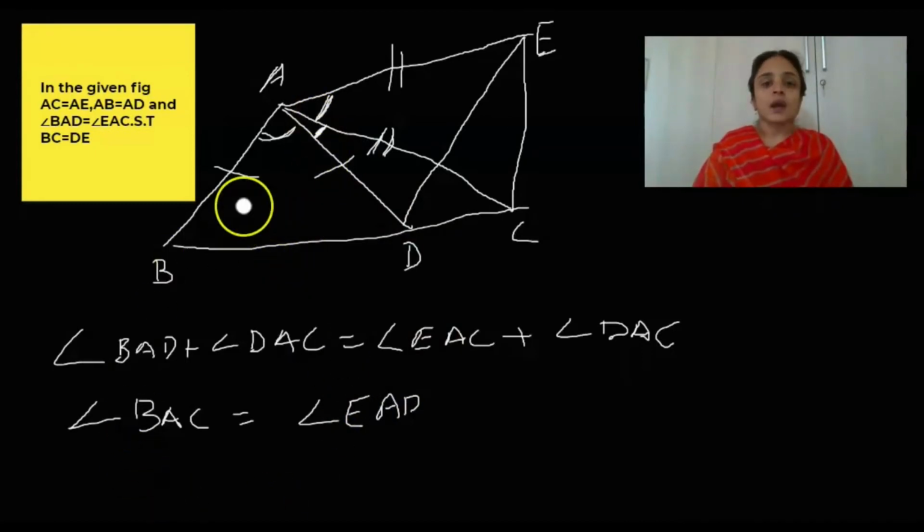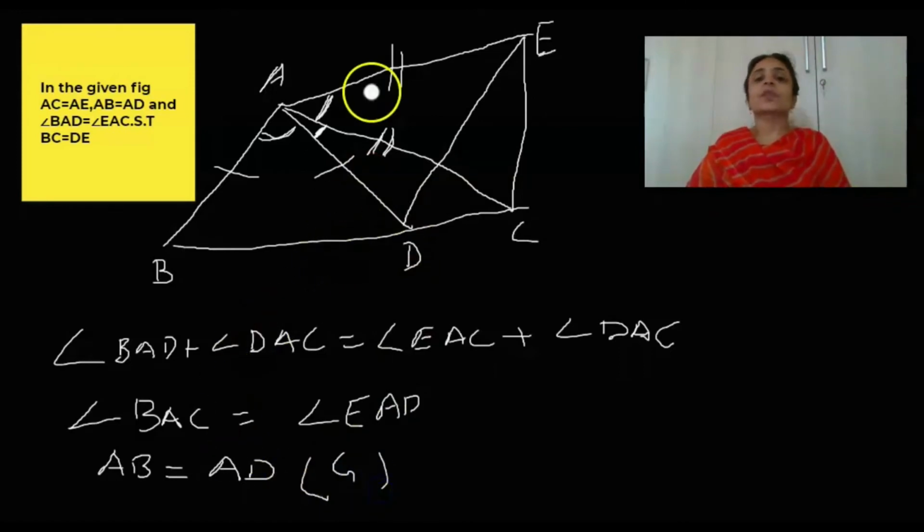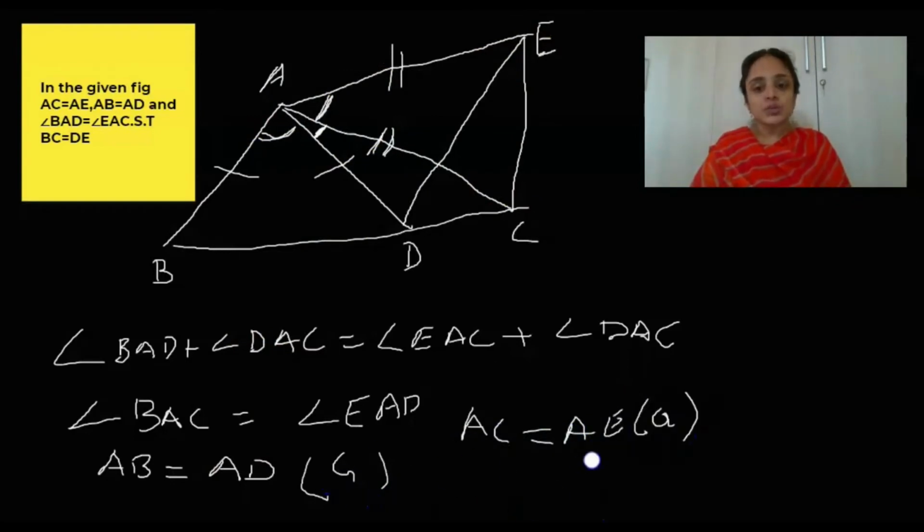Okay. Now we are given that AB is equal to AD. Okay, so we can write given here. And now AC is equal to AE. That is also given. So we got two sides which are equal and one angle in between the sides which are equal. Hence, we can say that these two triangles are congruent.